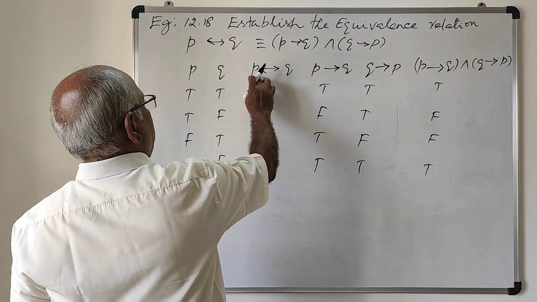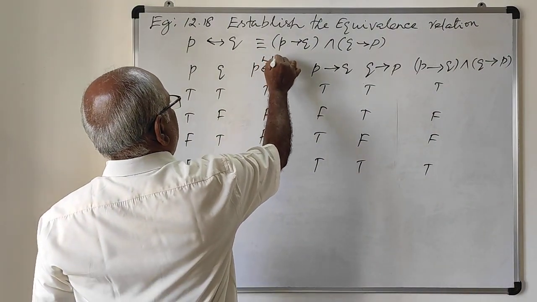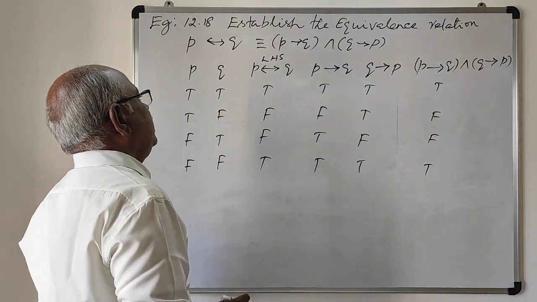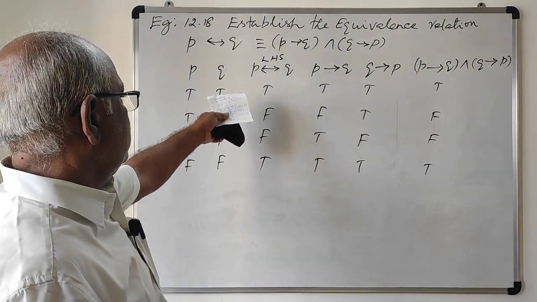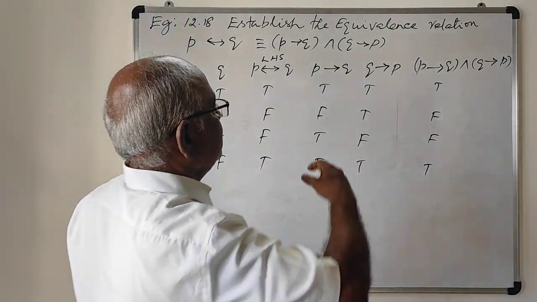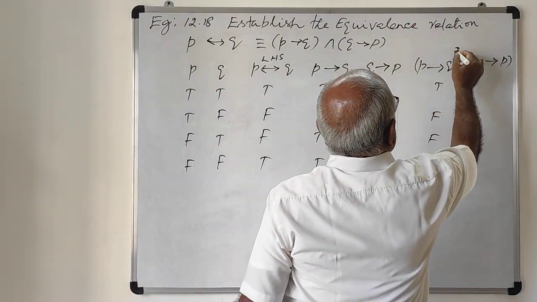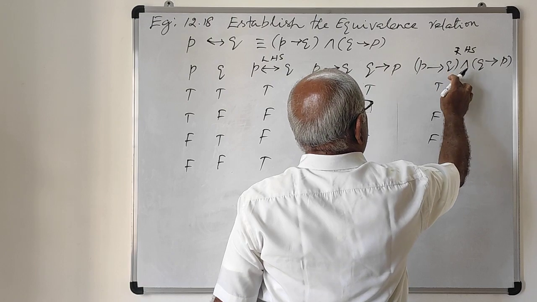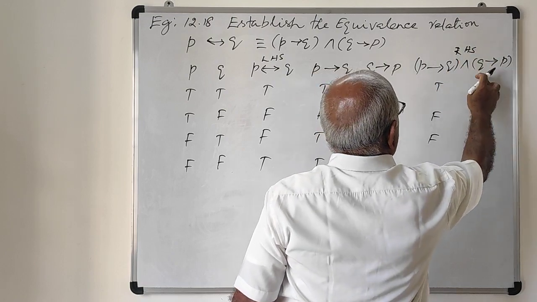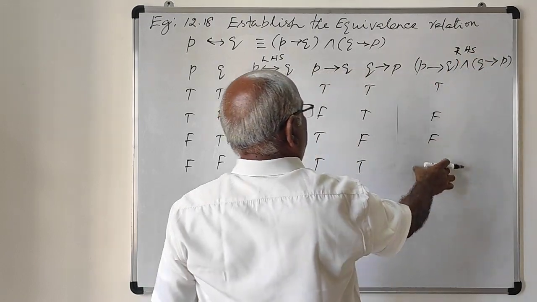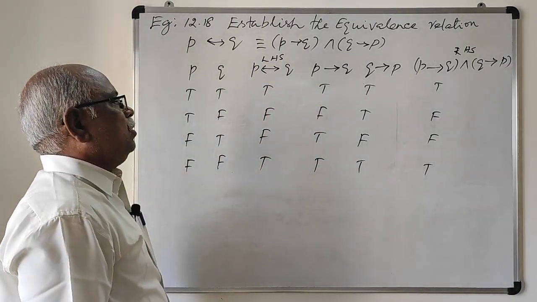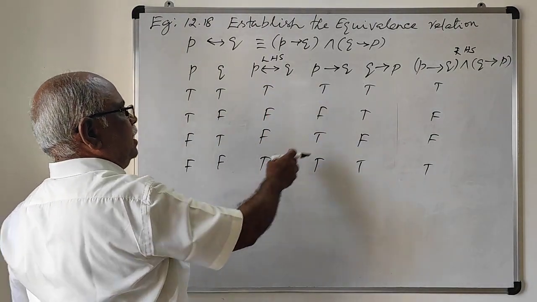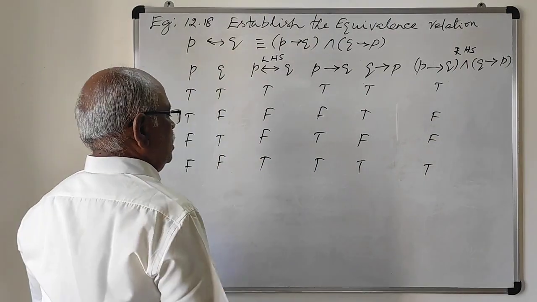The entries in the left hand side column, P if and only if Q, are the same as the entries in the right hand side, P implies Q conjunction Q implies P: T, F, F, T. Both are equal.